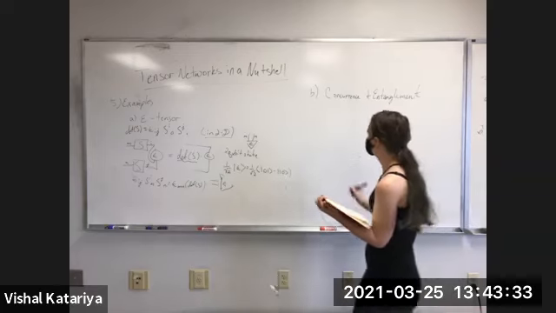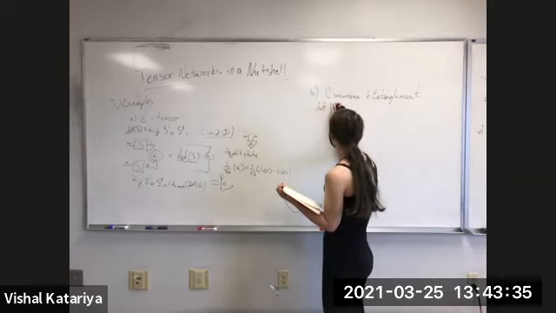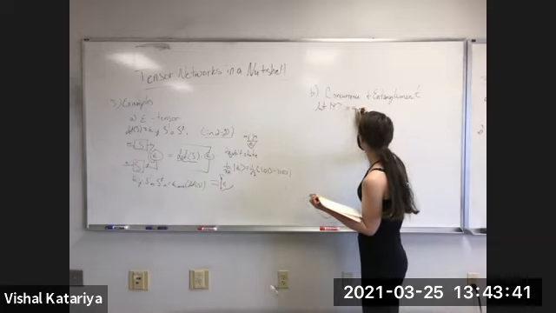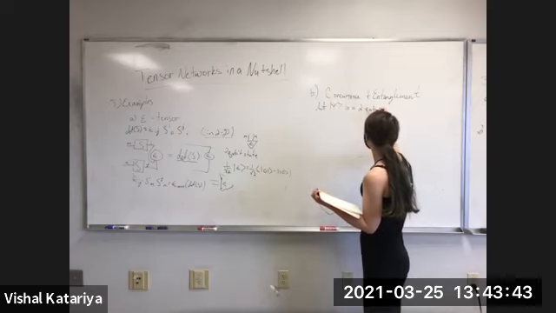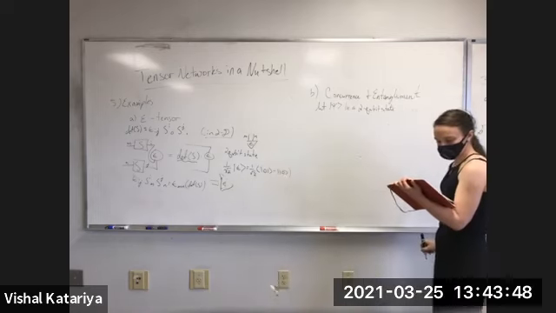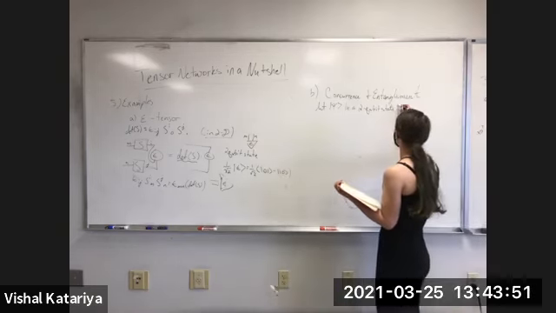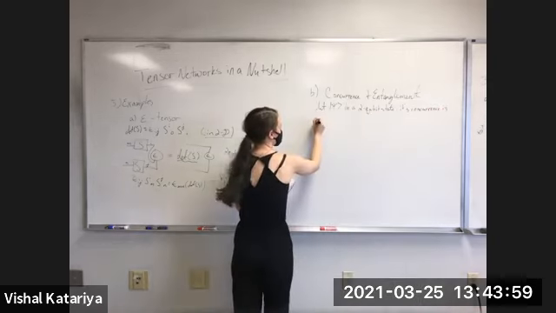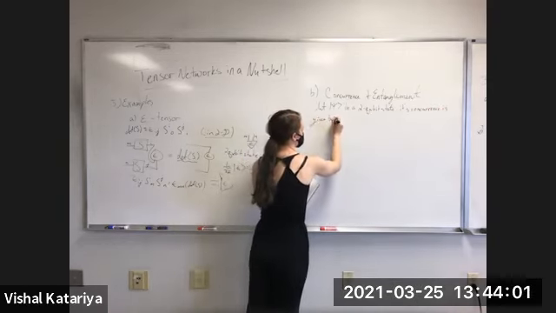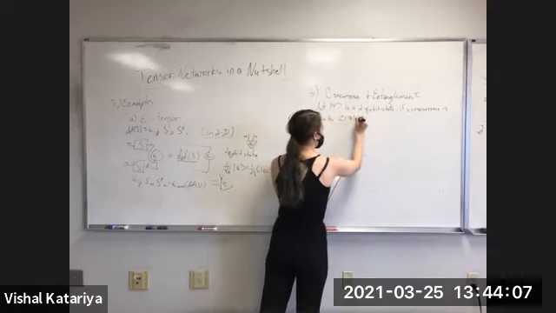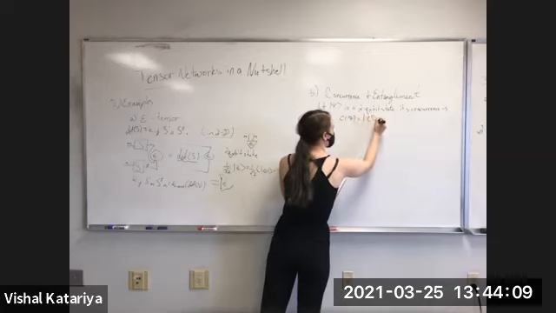Okay, so we're going to let psi, and I apologize for my handwriting, be a 2-qubit state. Its concurrence is given by C of psi equal to the absolute value of C prime of psi.